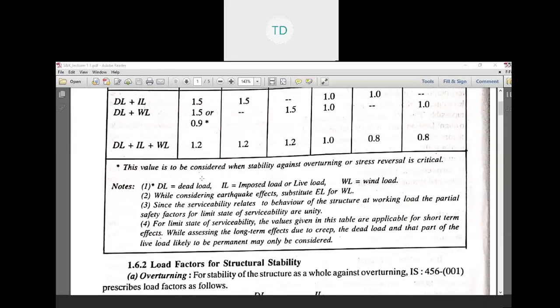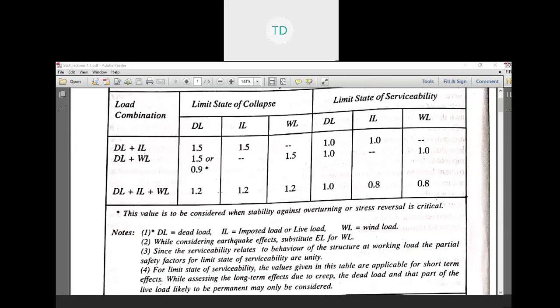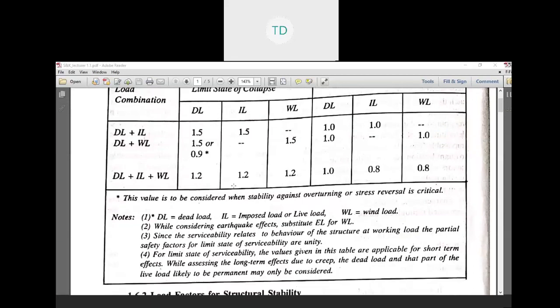The last is the combination of dead load, imposed load and wind load. For limit state of collapse, these three load values are taken as 1.2, and in limit state of serviceability, dead load is considered as 1.0 and the other two loads, live load and wind load, are considered as 0.8.